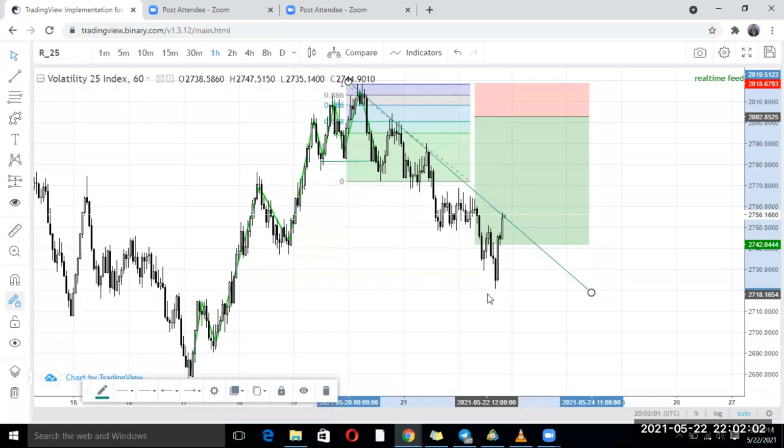As for the mentees, you don't have to worry about TradingView, what I'm using currently. In our next 3 classes, I'm teaching us how to use TradingView to analyze synthetic indices, all synthetic indices.